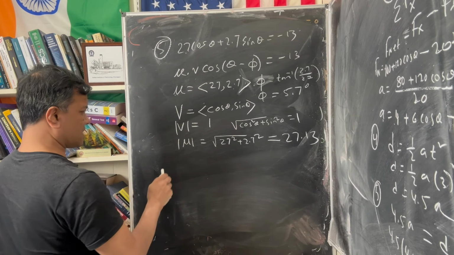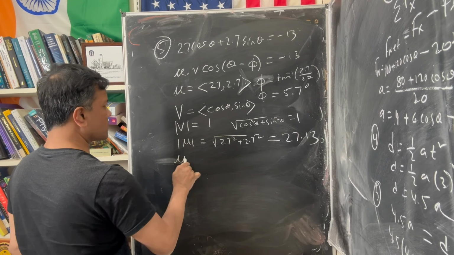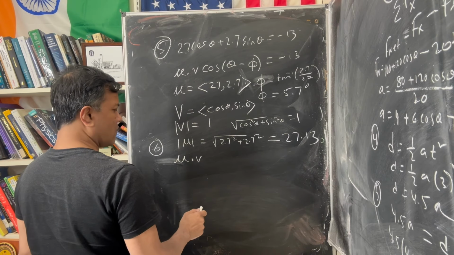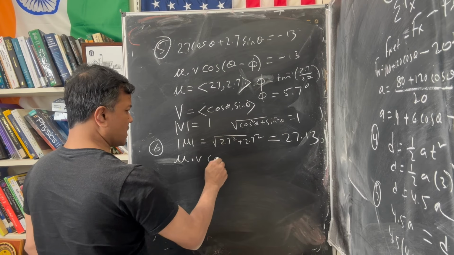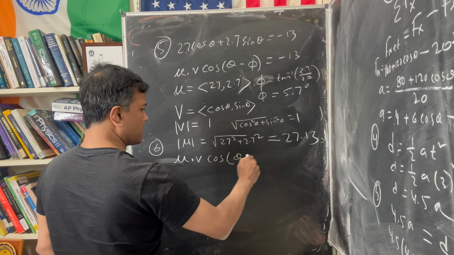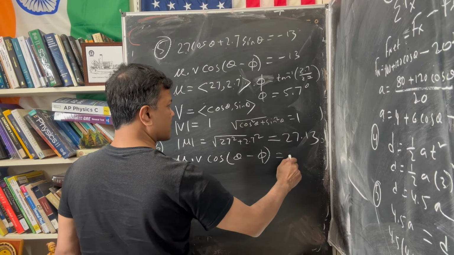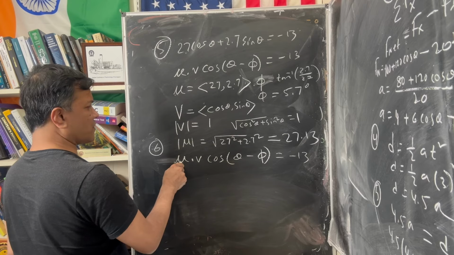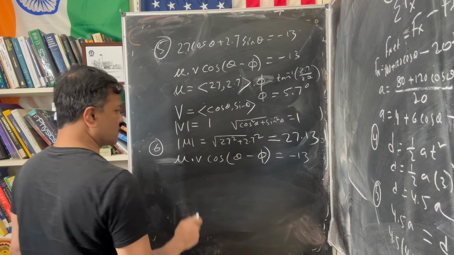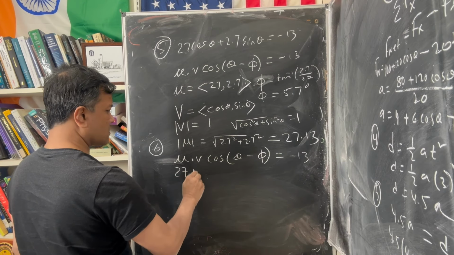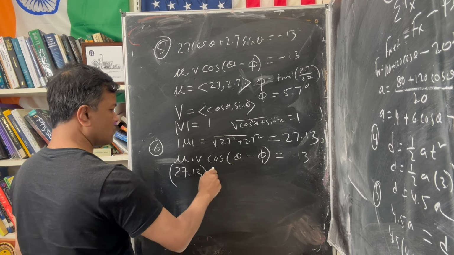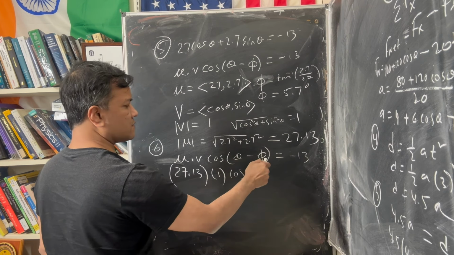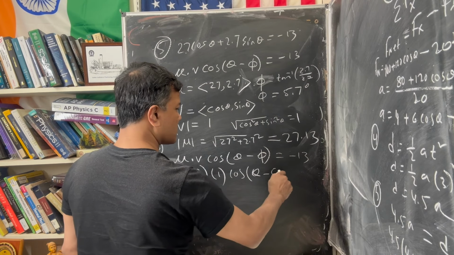Now, we're going to write U dot V, and that is step 6: cosine theta minus P is equal to negative 13. So U is 27.13, V is 1, cosine theta minus phi, 5.7.